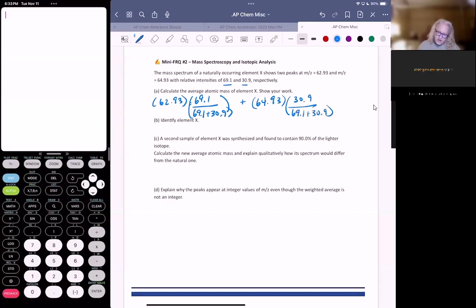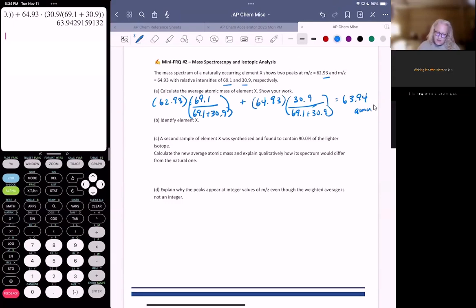So let's see if we can put this in our calculator. 62.93 times, in parentheses, 69.1 divided by 69.1 plus 30.9, close parentheses, plus 64.93 times, open parentheses, 30.9 divided by, open parentheses, 69.1 plus 30.9, close parentheses, gives me an average atomic mass. This is into the hundredths place, so I'm going to put my answer in the hundredths place, 63.94 AMU.